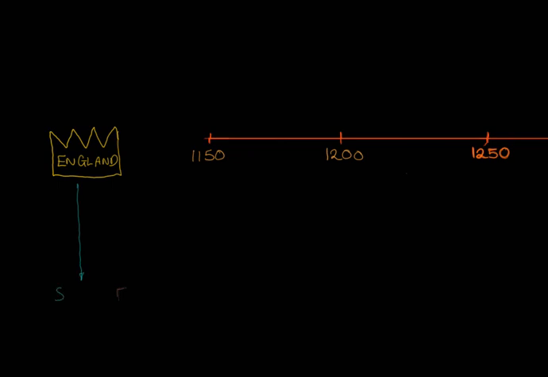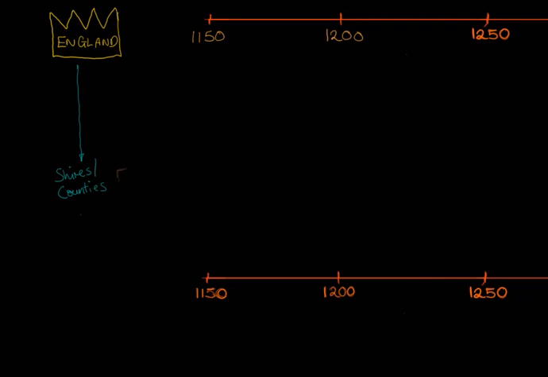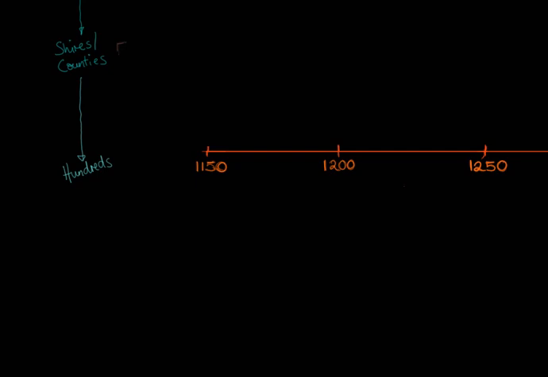The Anglo-Saxons called them shires, the Normans called them counties, we call them counties still. Those are then divided down into smaller areas called hundreds, which were originally apparently where 100 families lived. And then the hundreds are divided down into even smaller areas called tithings.